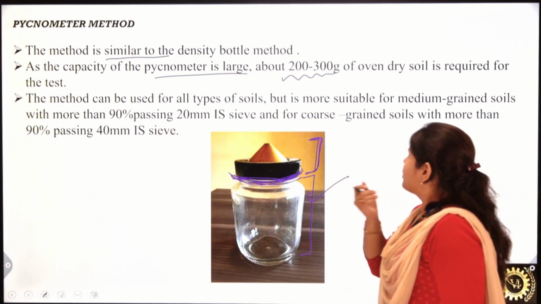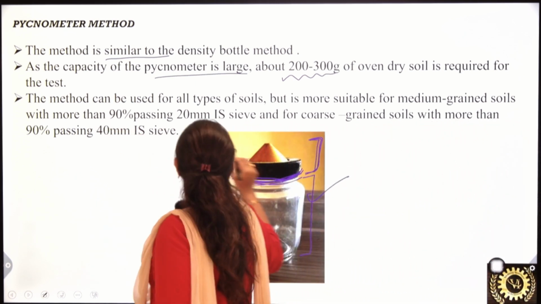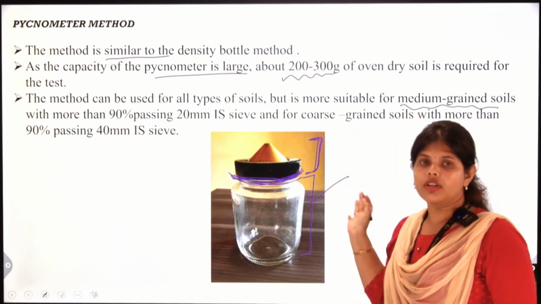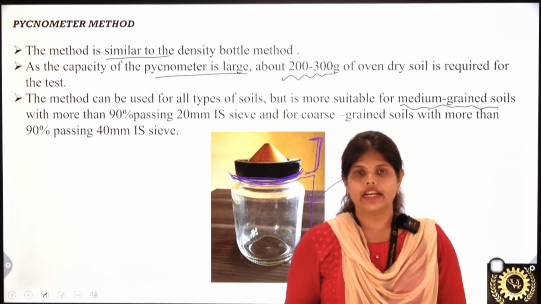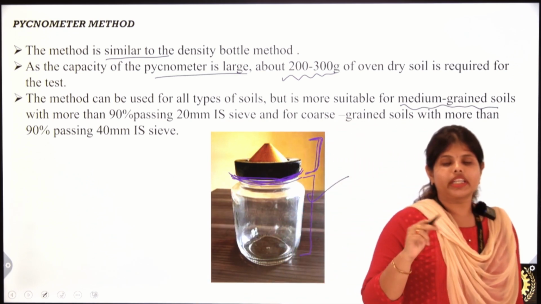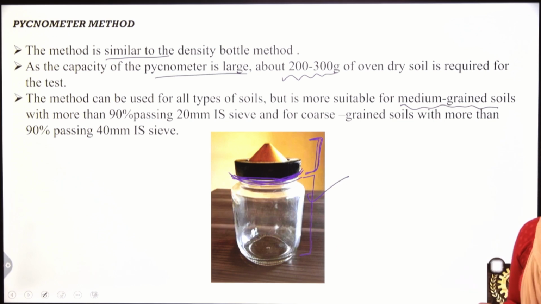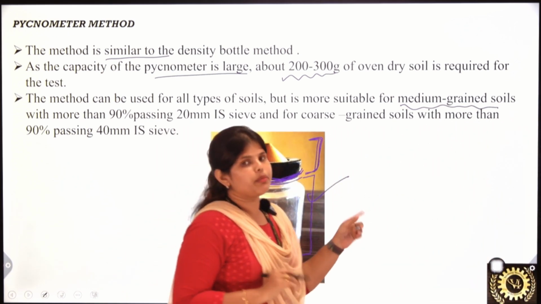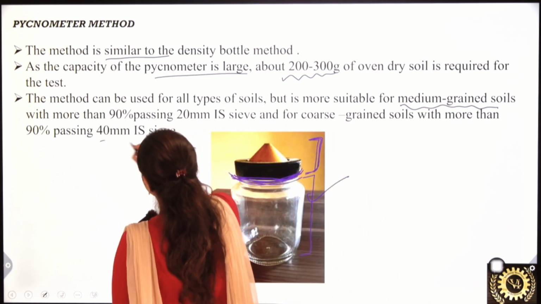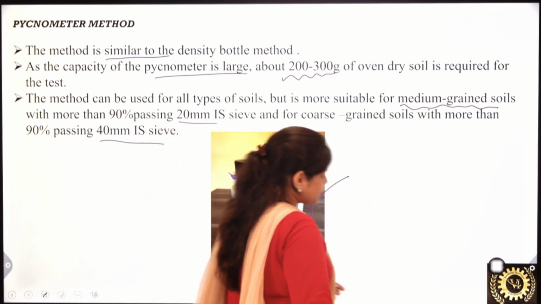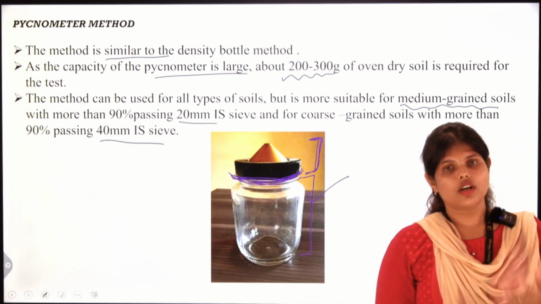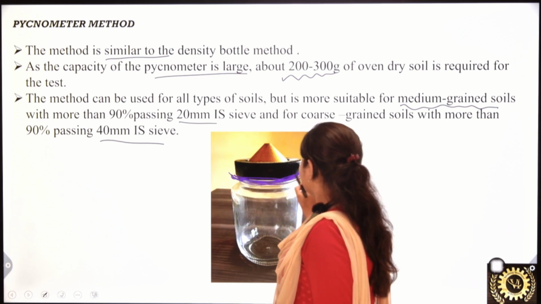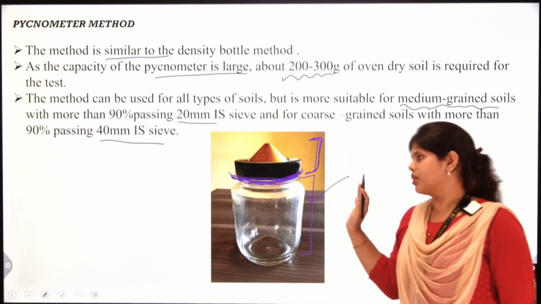It is perfectly fit for medium grain soil, with 90% passing through a 20 mm IS sieve, and for coarse grain soil, more than 90% passing through a 40 mm IS sieve. The next process is completely the same for the airtight arrangement, and we can do the similar process here also.